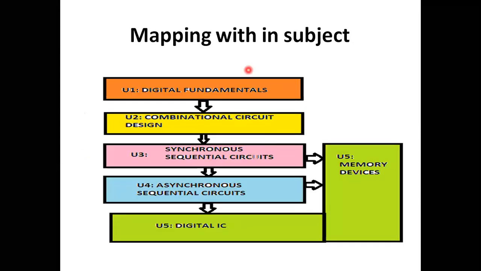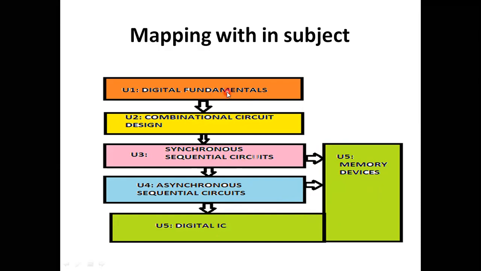Mapping within the subject, digital fundamentals is unit 1. Unit 2 is combinational circuit design. Unit 3 and unit 4 are synchronous sequential and asynchronous sequential. As the name implies, once you have sequential circuits, you want to have memory. Hence, I have mapped unit 5 to memory devices. When you know all those concepts, generally you can go for digital IC design.